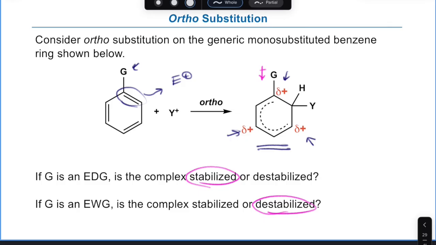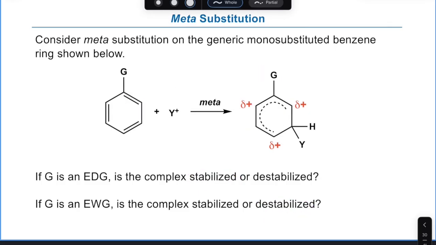For meta substitution, if we add an electrophile at the meta position, we're going to form these resonance forms with the positive charge on each of these. So if G is electron donating, is the complex stabilized or destabilized? It will be stabilized through induction, but it's not as nice as if you had a donating group right where the positive charge is forming.